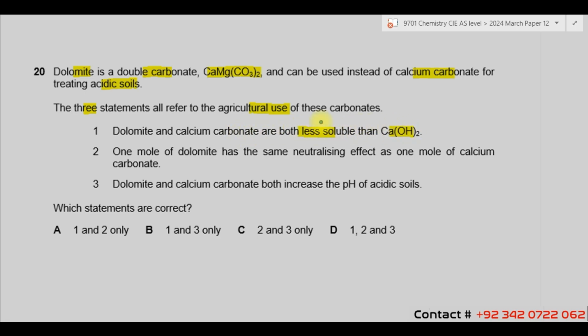Now carbonates of group 2 are always less soluble than hydroxides of group 2, because carbonates are insoluble in water. So for group 2 carbonates, the solubility is low, while group 2 hydroxides are comparatively soluble. As we move down the group, the solubility of hydroxide increases.